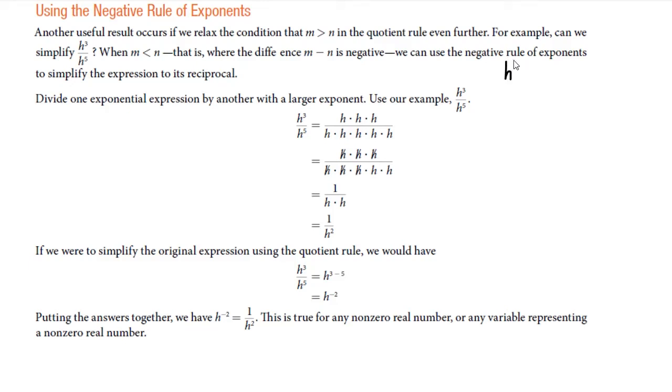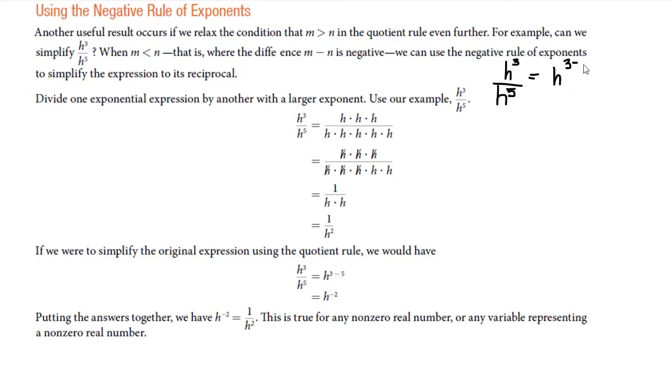H cubed divided by h to the power 5. And you can see here, if we write out the factors, we end up with 1 over h squared. And this suggests the quotient rule still applies.